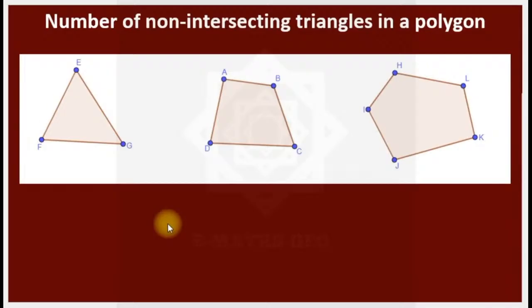As you can see, we have a 3-sided polygon. This is 3 sides. We have only one triangle, because we have 3 sides.